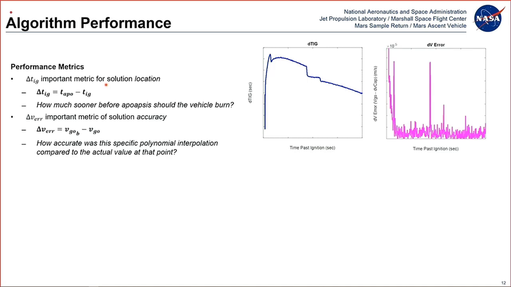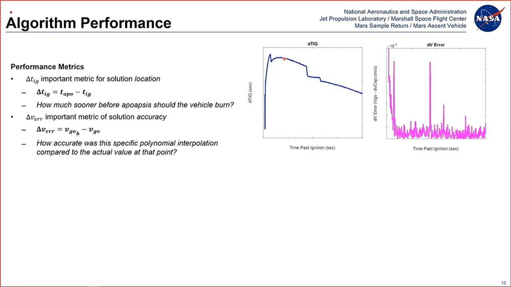The second metric that we track is one that I already talked about, the delta V error. How close is our polynomial solution to the actual solution at that point? Another important metric that we want to track. This was from a simulation run with our 6DOF toolkit that I'll be talking about later when I talk about flight software interactions. As you can see, there are these distinct steps in the solution for delta TIG.